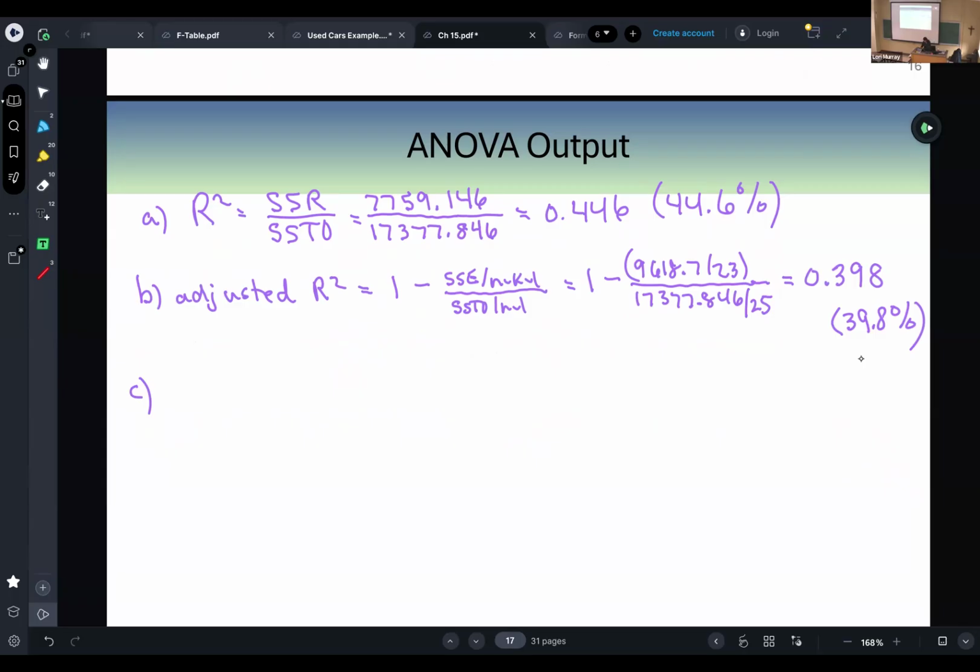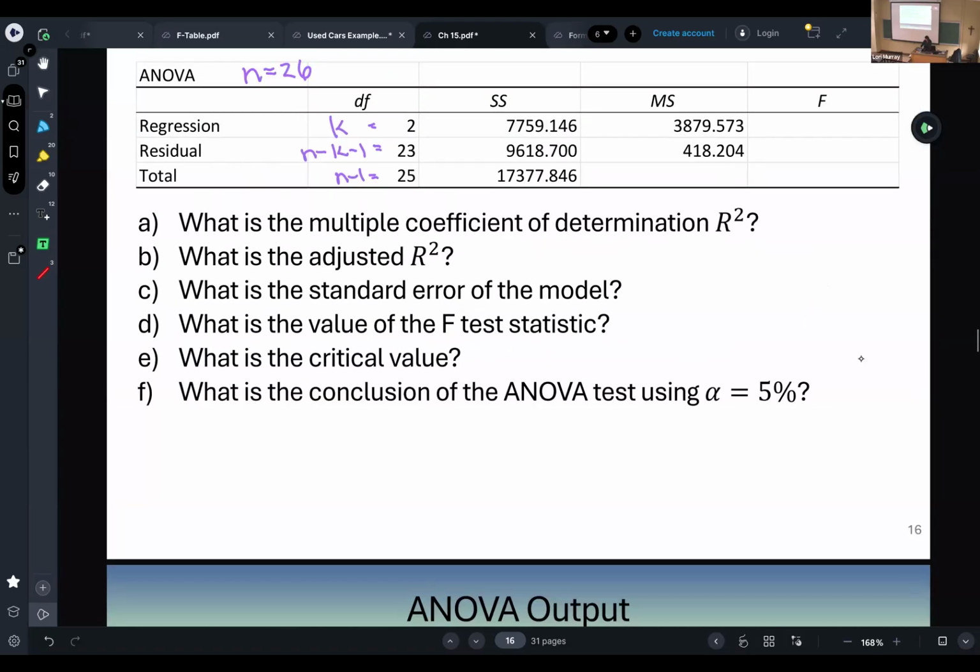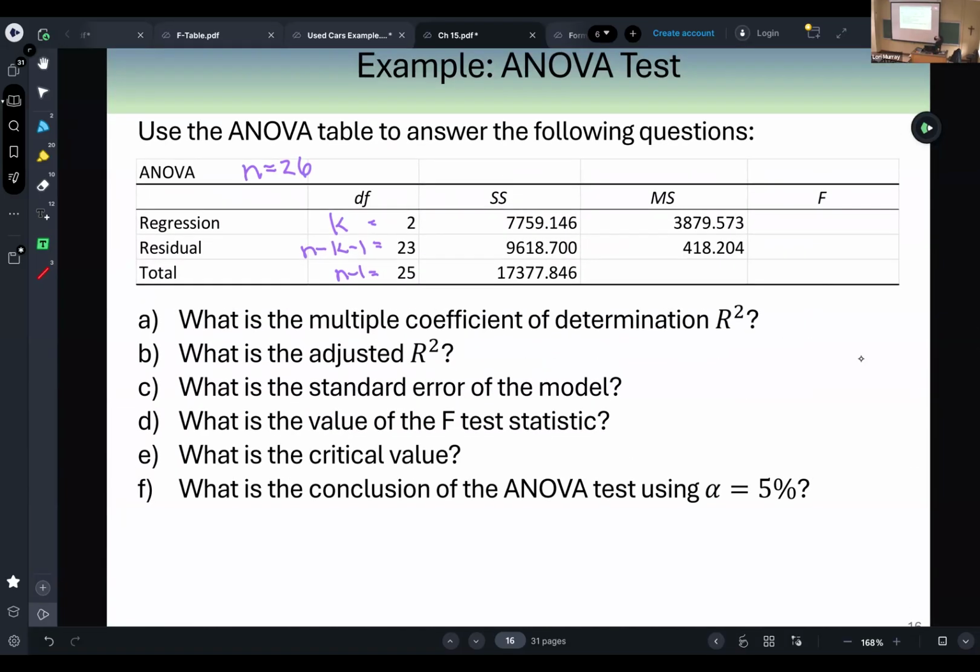Okay, part C, we want to know the standard error of the model. And we know that that is the square root of the SSE divided by n minus k minus 1, which in this case is 23. The SSE comes to us from the table. Can anyone tell me what the sum of the squares of the errors is? E stands for errors, right? So right there, 9618.7.